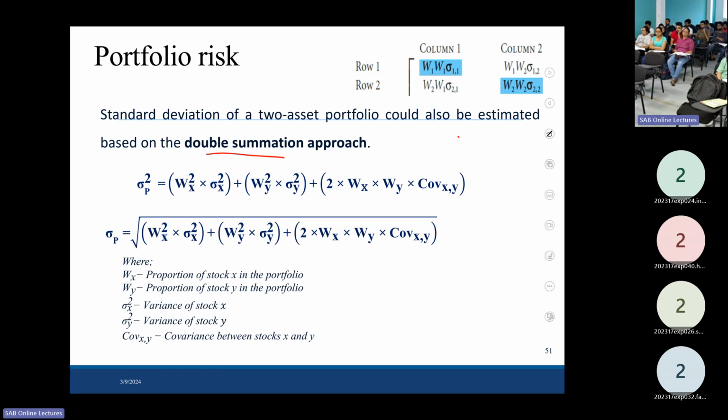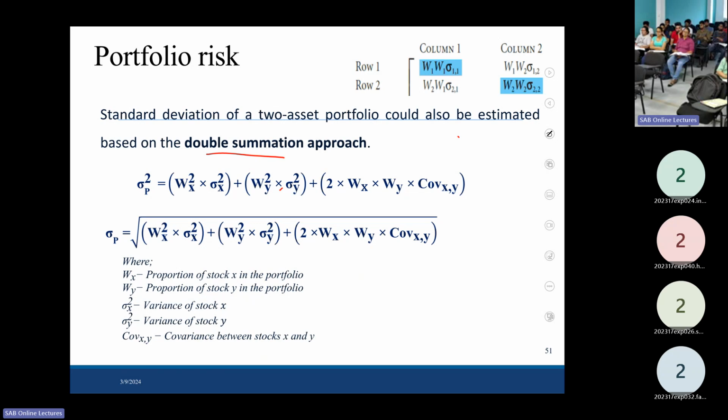Now if you look at this double summation formula, this is weight of stock X squared into variance of stock X, plus weight of stock Y squared into variance of stock Y, plus twice weight X, weight Y, covariance between the two stocks X and Y. Now, from this matrix, this double summation formula is developed.